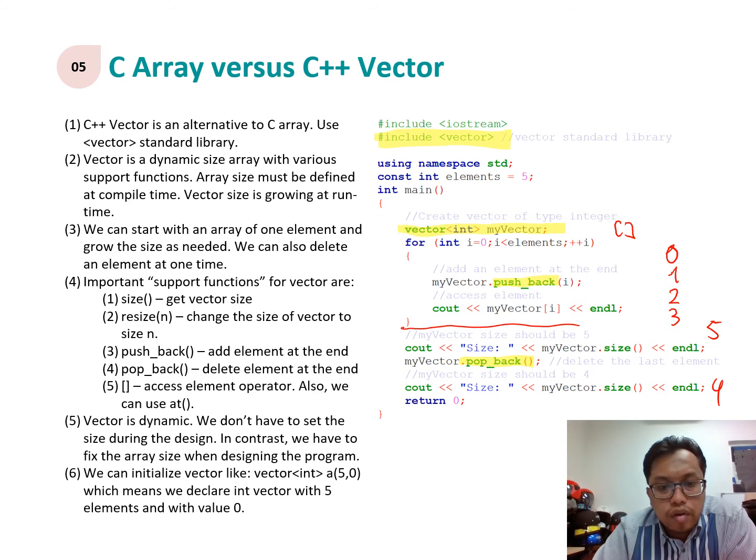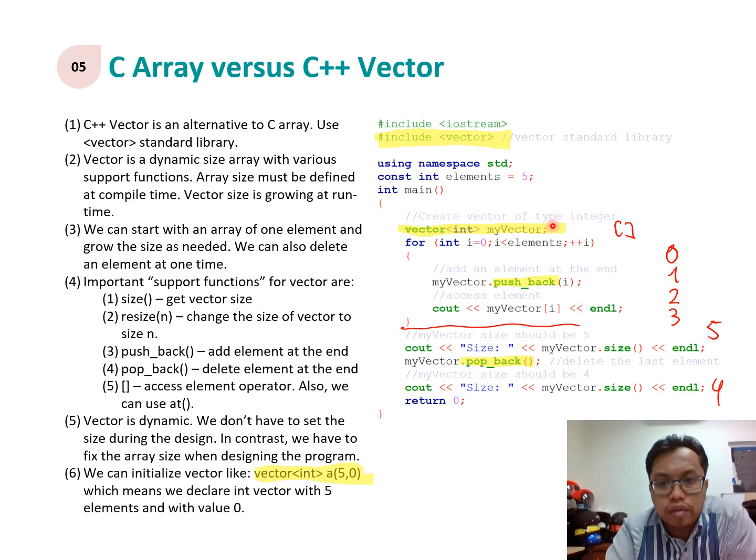You can also initialize the vector like this, if you may. Basically you initialize it, but if you don't want to assign any initial values to the vector, you can use this way.